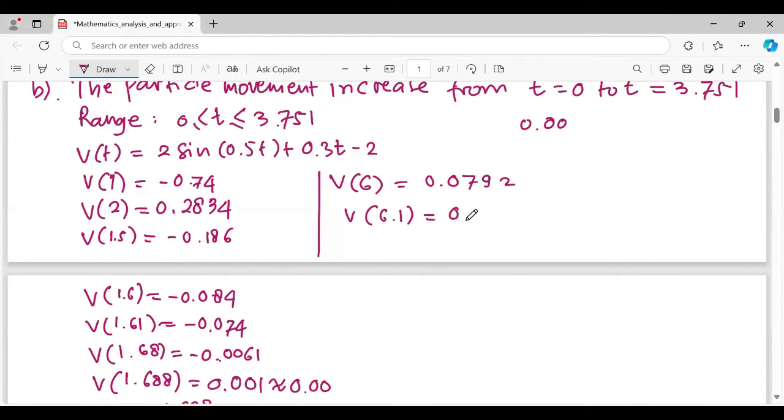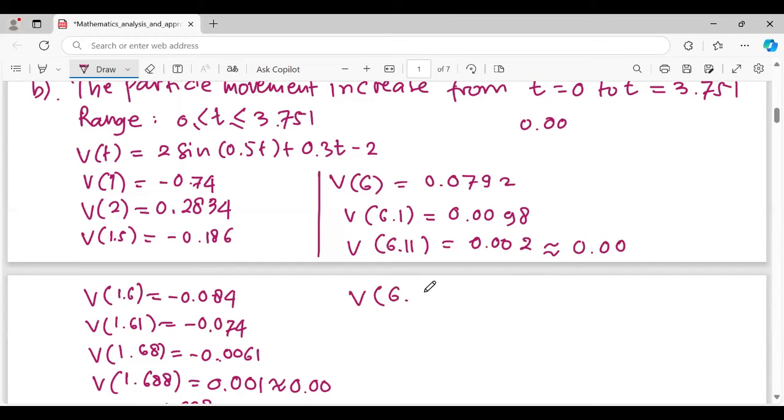The result is 0.0098, so approximately 0.01. So not received. If t equals 6.11, it is 0.002. We can receive it because if you approximate this number, it becomes 0.00.